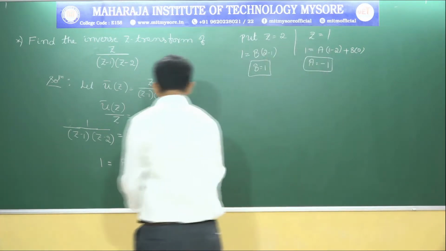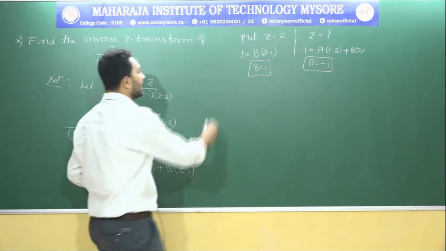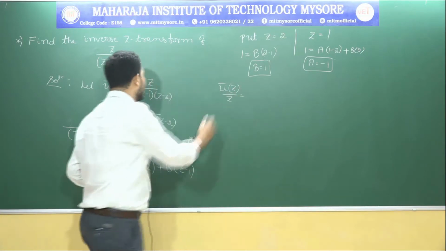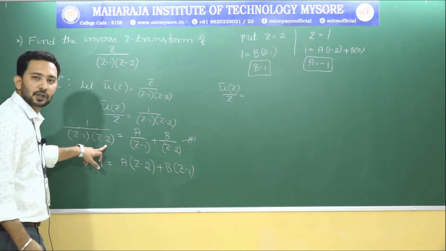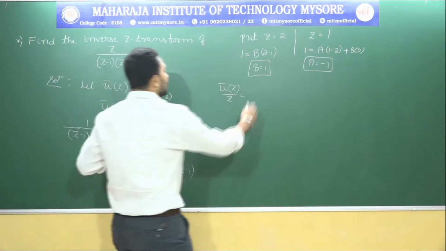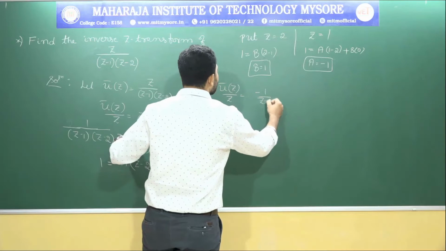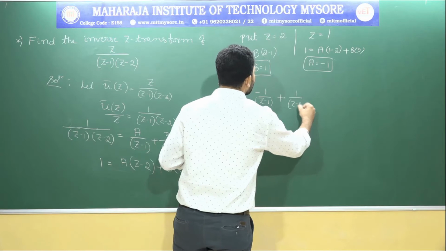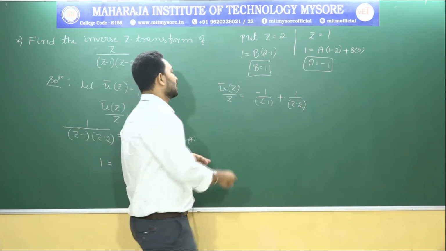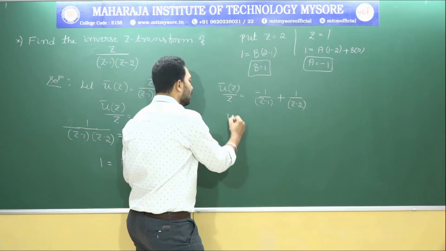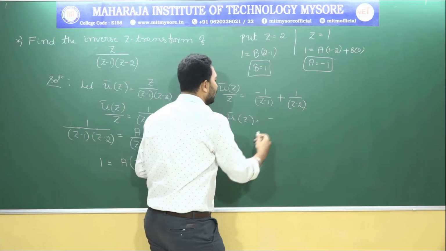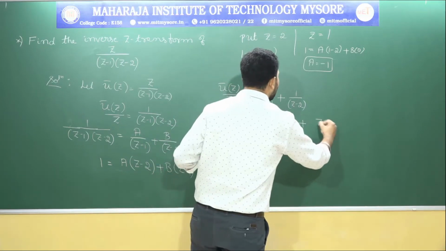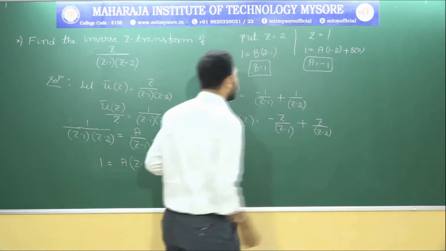So substituting those values, I can write 1 over Z minus 1 into Z minus 2, that is U bar Z by Z, as A, minus 1 divided by Z minus 1, plus B, 1 divided by Z minus 2. So take this Z to the right side, we will get U bar Z equals minus Z divided by Z minus 1 plus Z divided by Z minus 2.